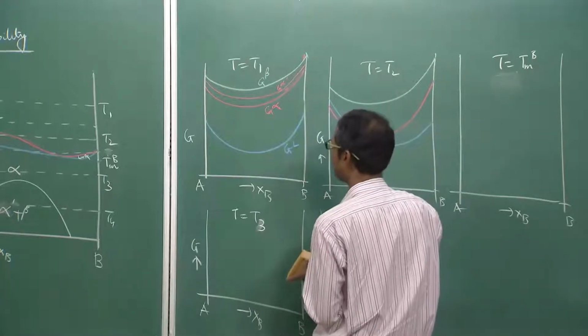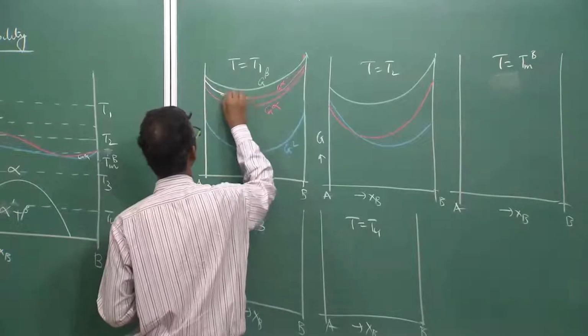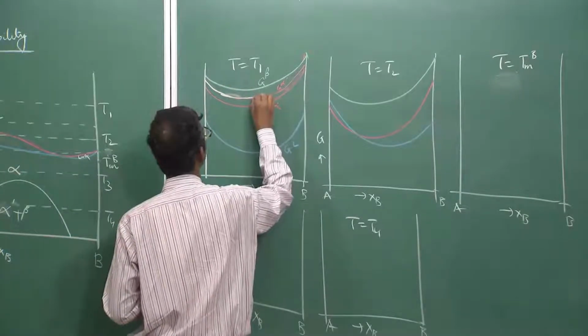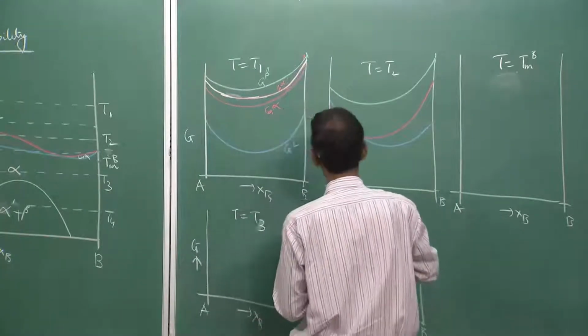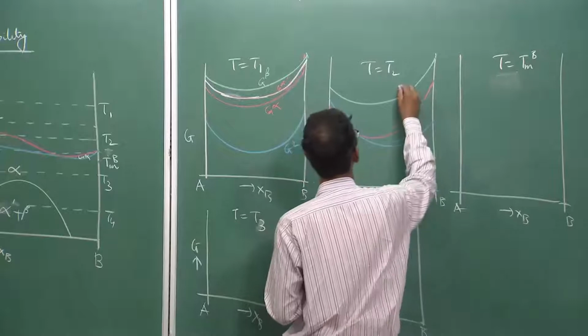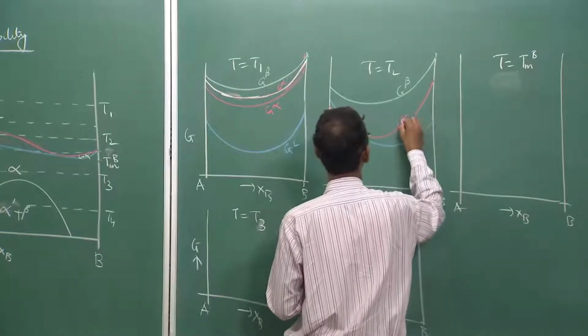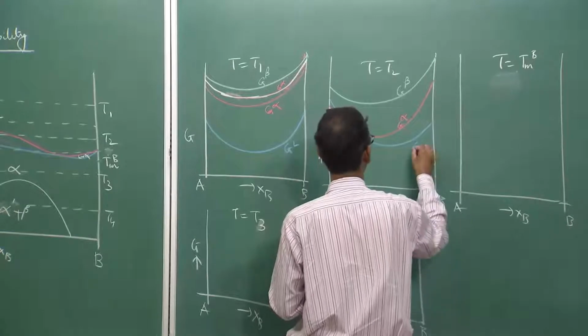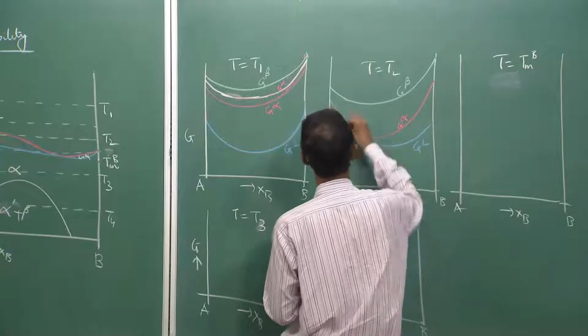Sorry, I have drawn it in the same color, that is the problem. So this is beta, G alpha, G L, and alpha prime will be somewhere there.